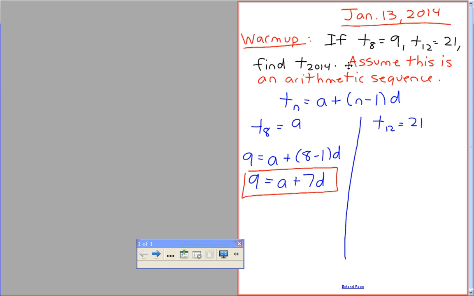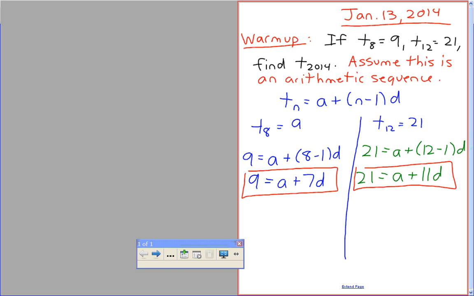Yeah, 11d, so 12 minus 1 d. Excellent. I probably should have done that in a different color, and I think I will. Okay, so for everyone that wasn't here, we're just subbing into this equation. This is a magical equation we came up with on Friday. Okay, and there we go.